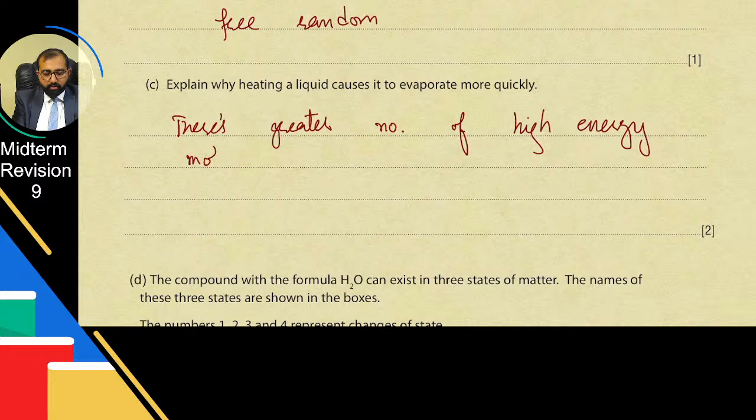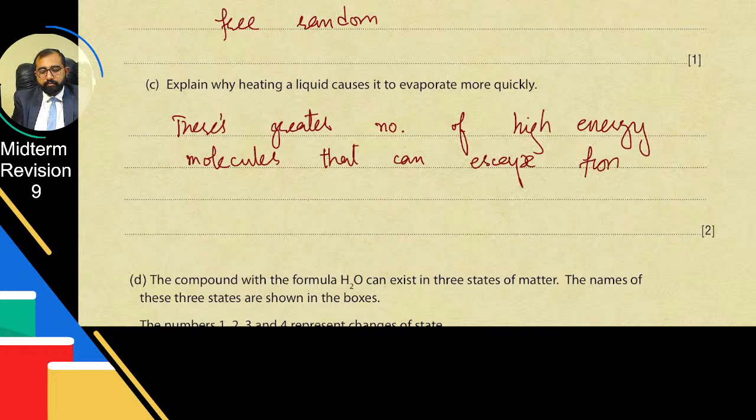Molecules or particles that can escape from the surface. Okay, so that's the thing. Particles don't have temperature, particles don't have heat, they have kinetic energy. Okay, so we say high kinetic energy, so they can escape from the surface.